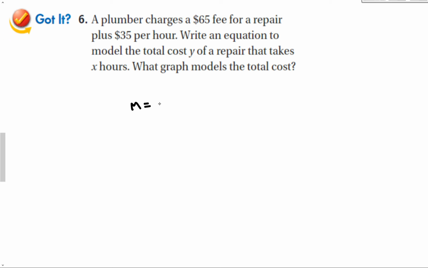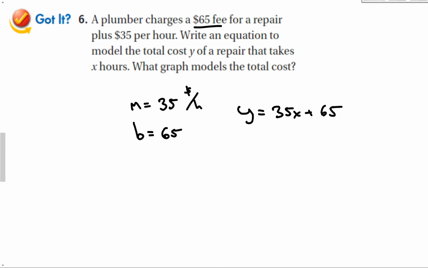So the slope is $35 per hour. My intercept is where we start, okay? And at zero hours, he still charges you $65. So my equation is y is going to be equal to 35x plus 65.